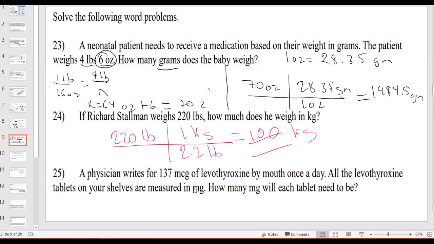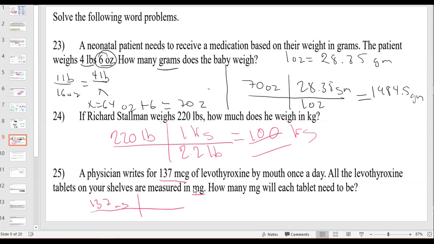So a physician writes 137 micrograms of levothyroxine once a day. The levothyroxine tablets on the shelves are in milligrams. How many milligrams will each tablet need to be? So we're just trying to convert the micrograms to milligrams. Are we going big to small or small to big? Small to big. So that means we're going to have to divide, right? So 137 micrograms.